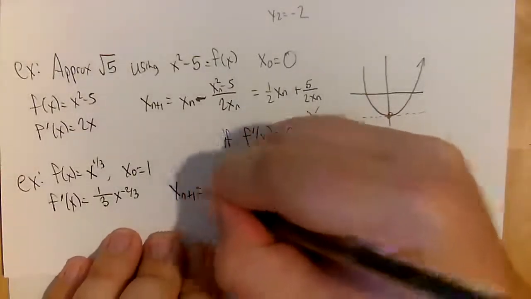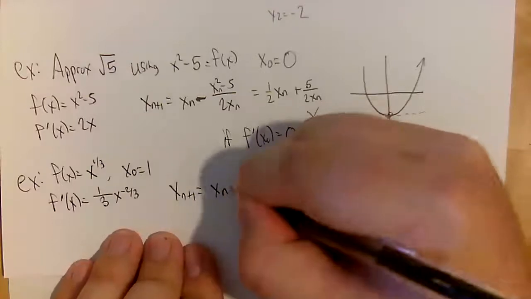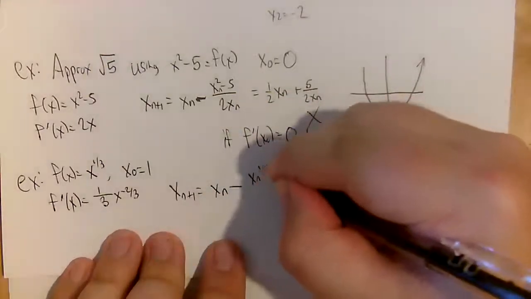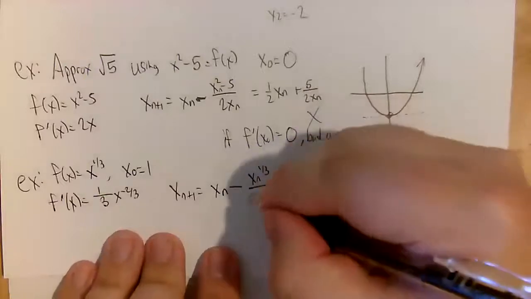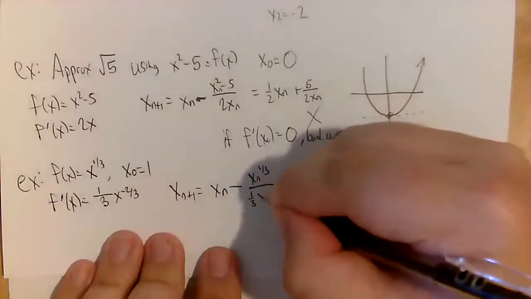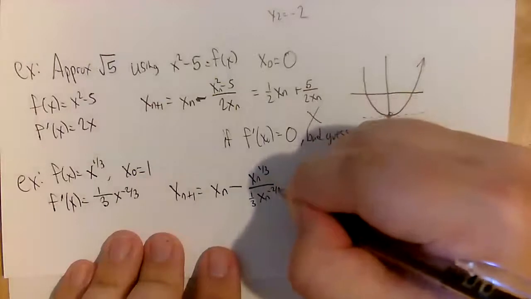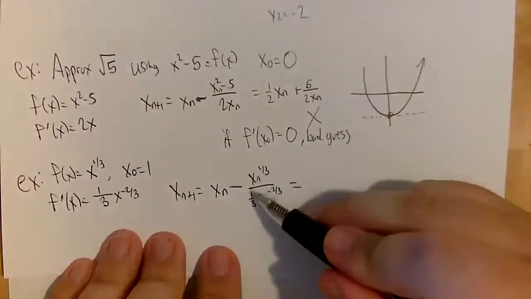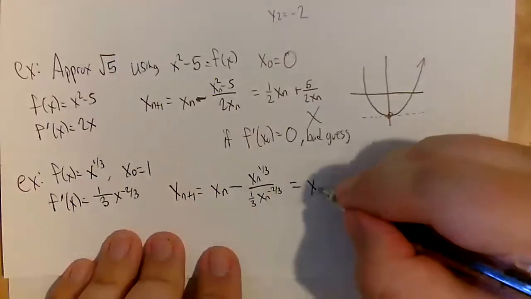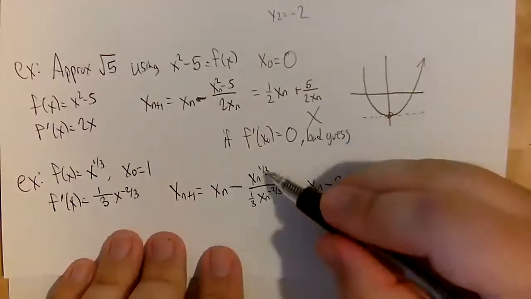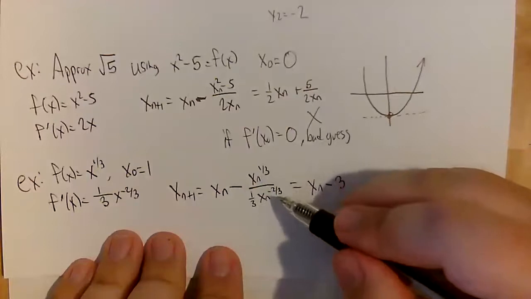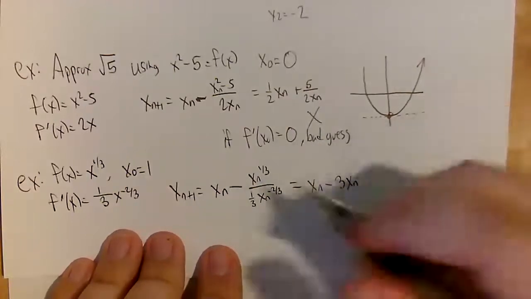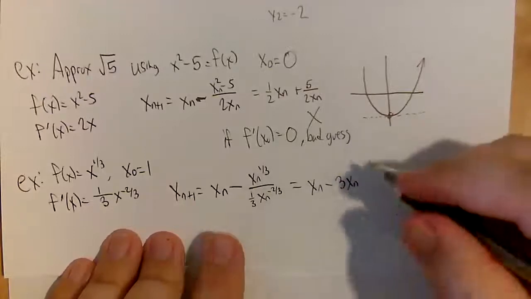I have x_{n+1} is x_n minus f of x_n, so x_n to the 1/3, divided by 1/3 x_n to the negative 2/3. All right, now simplifying all this, 1 over 1/3 will be 3. And then 1/3 minus negative 2/3 will simply be 1. So this simplifies into 3x_n.